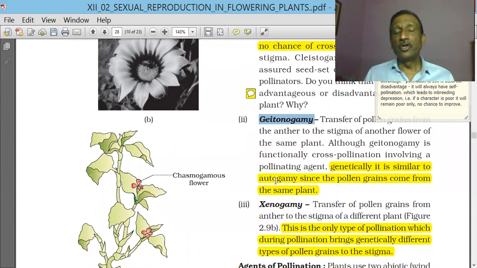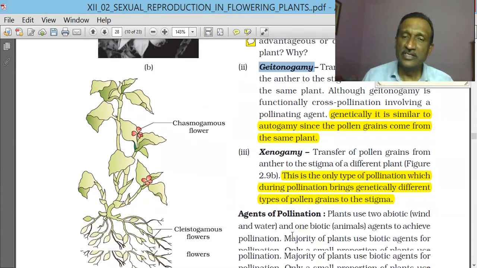Geitonogamy is different from autogamy, where the pollen and the stigma both are of the same flower. In geitonogamy, the pollen grains are taken from one flower and dropped into the stigma of another flower of the same plant. Xenogamy is the third type of pollination, in which the pollen from another plant's flower is put into the stigma of a flower, but the species should be the same.